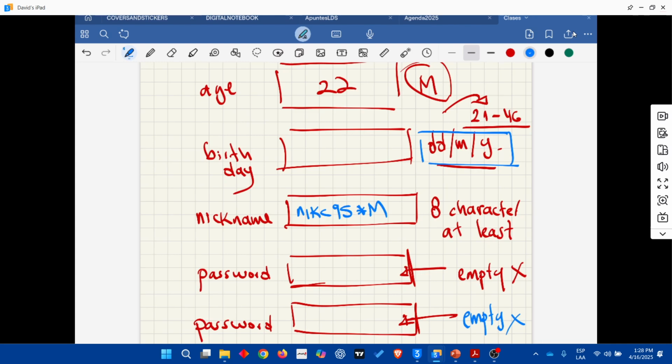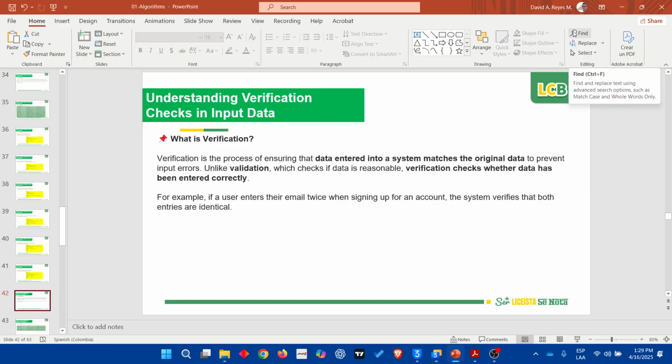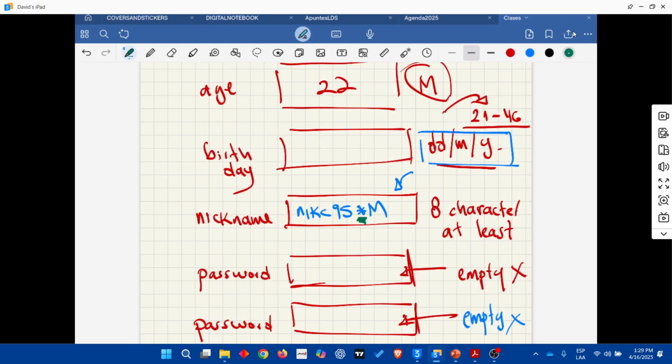Then you are going to verify if this one is the data that you really want to put there. So, for example, let's suppose that in the nickname, if you put this asterisk, possibly you are going to have something that is called an input error.